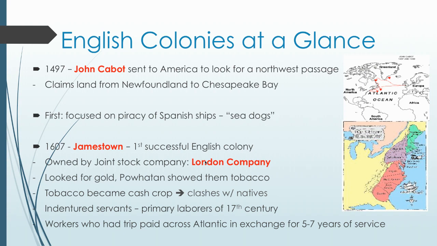These are people that are looking to derive a quick wealth. They're not looking to form a long-lasting colony. They're there to find gold and get out. That's what the London Company is all about. And so these people coming over on this first ship over to modern-day Virginia, they're looking to find gold and leave and bring back money for the London Company. That's what a joint stock company is.